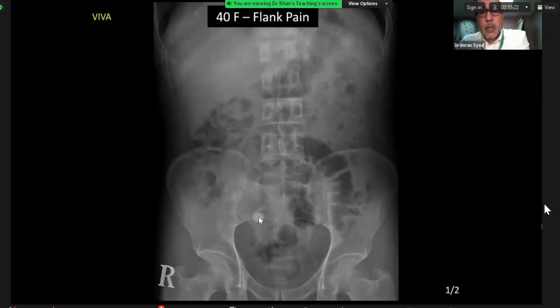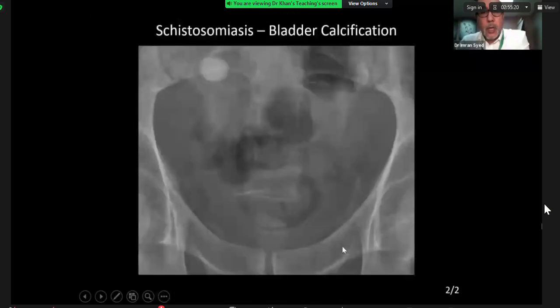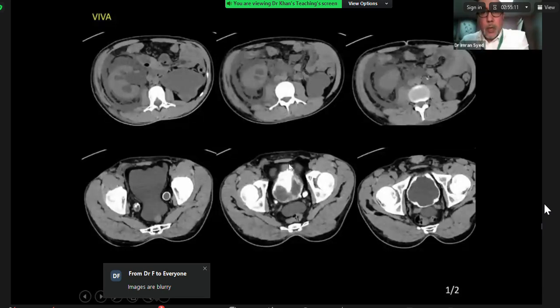There is this incidental calcified mesenteric node, and as you quite rightly say, the most likely diagnosis in this case is schistosomiasis. Now, we're going to go on to another case.